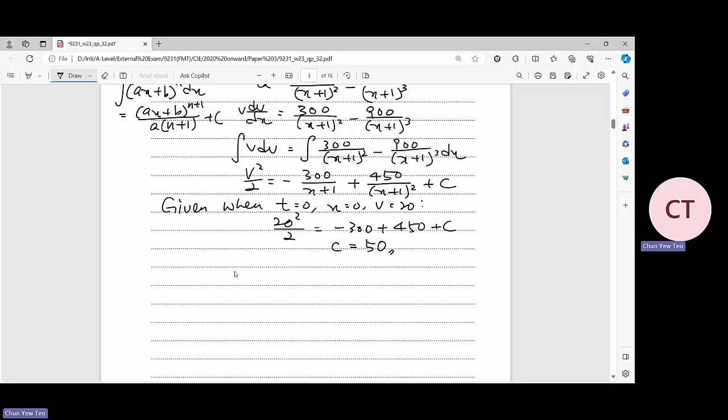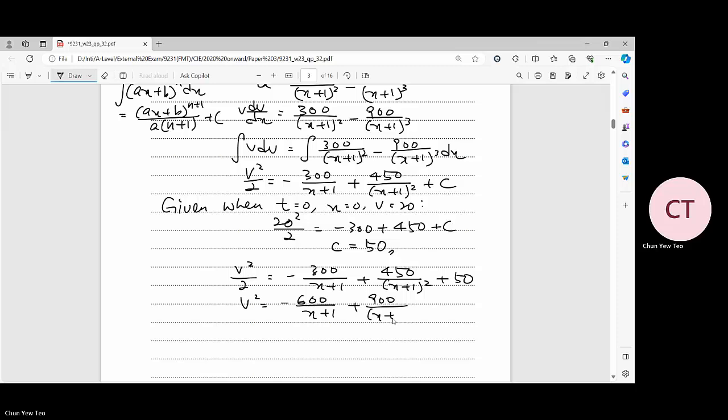Since c is 50, just replace it back. Like this. Then I multiply everyone by 200.